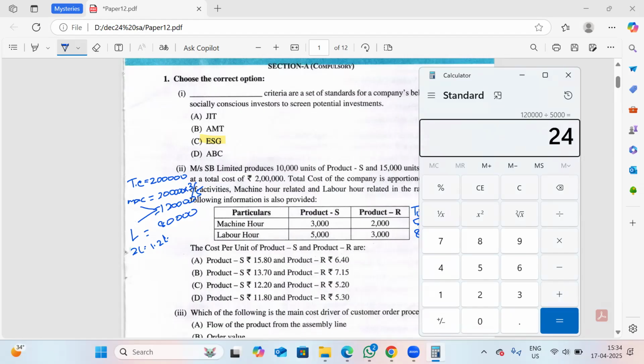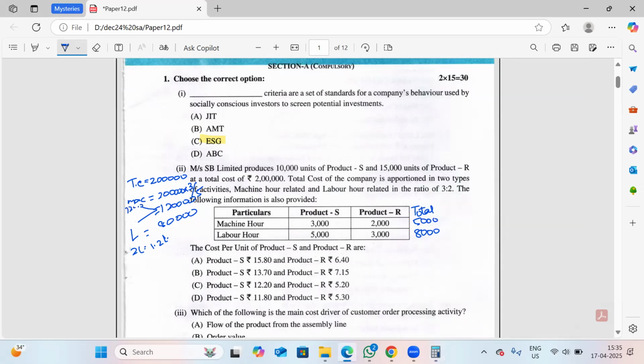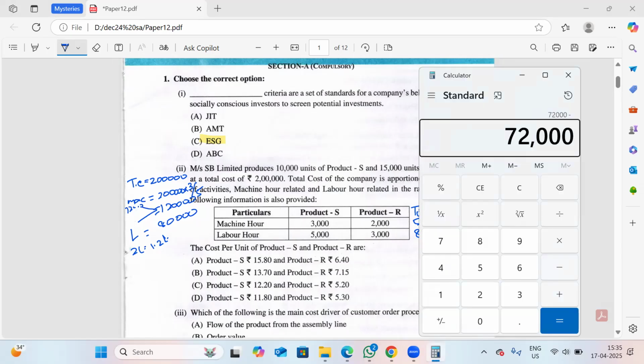For S, I use 3,000 hours, so I utilize 72,000 for S. Out of 1,20,000, the remaining 48,000 will be for R. In this way we can segregate.